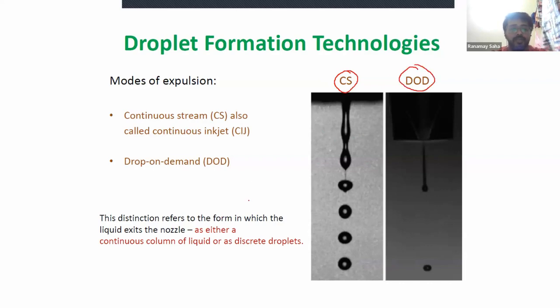So we'll quickly look at these two kinds of droplet formation technologies. The main difference is in the way the droplets are being expelled, whether in a continuous column of liquid or in the form of discrete droplets. Okay?